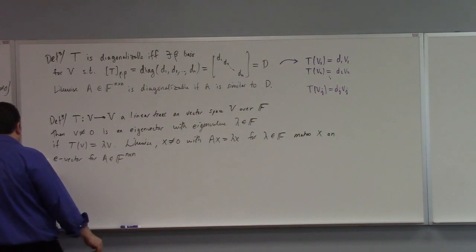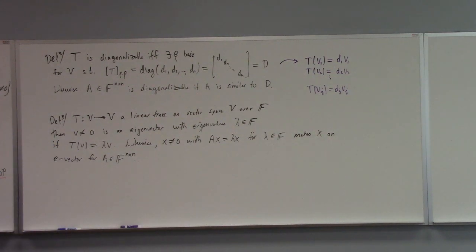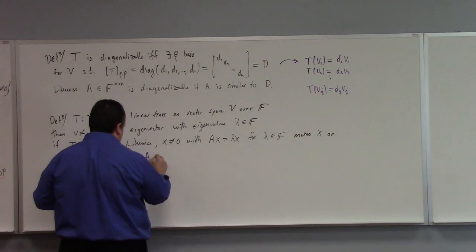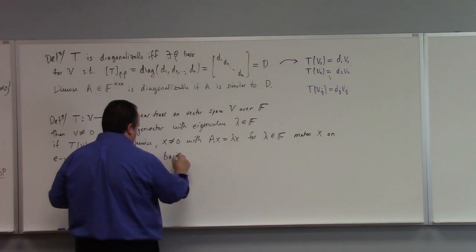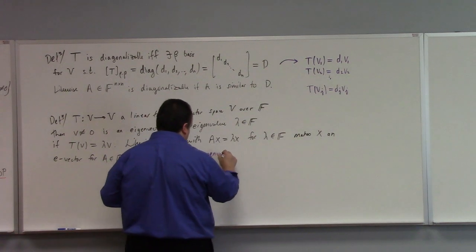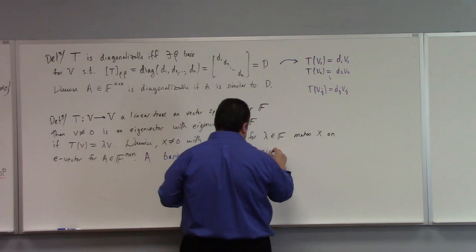And then finally, a basis of eigenvectors is called a what? Yeah, a basis of eigenvectors is, as you said, an eigenbasis.